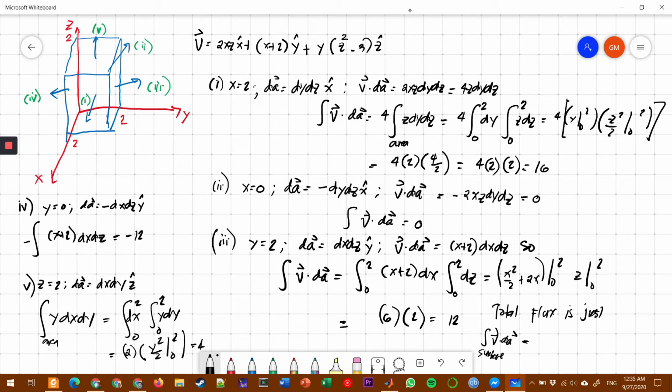So we have 16 for region 1, region 2 is 0, region 3 is 12, region 4 is negative 12, and then region 5 is 4. So if we sum all that, the total flux is just 20. Okay, so that would be our final answer.